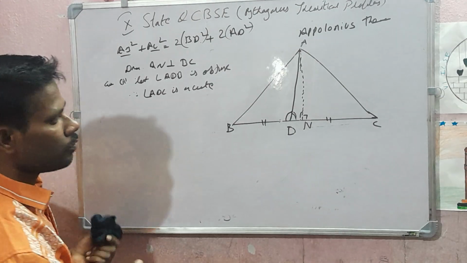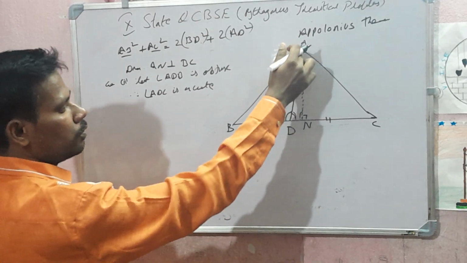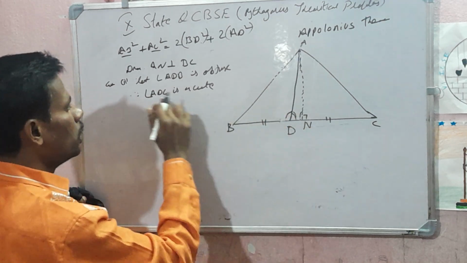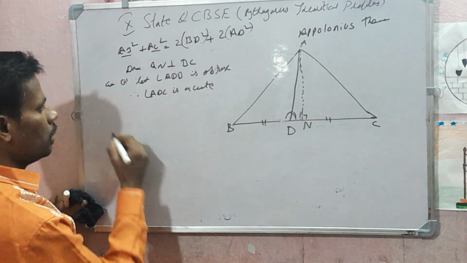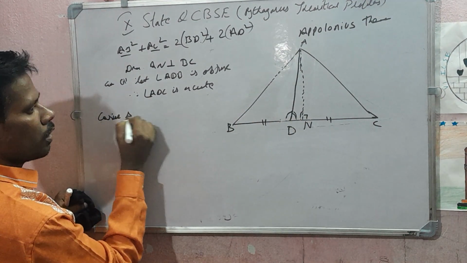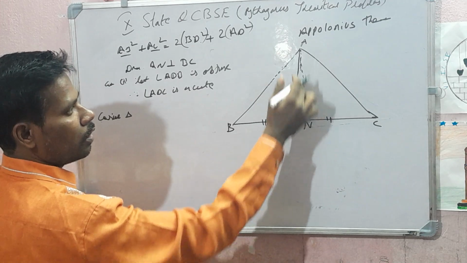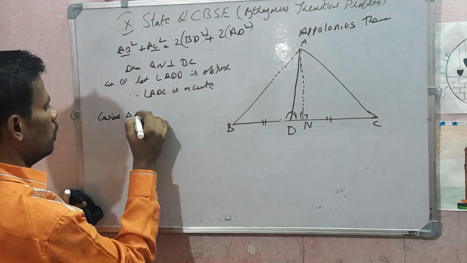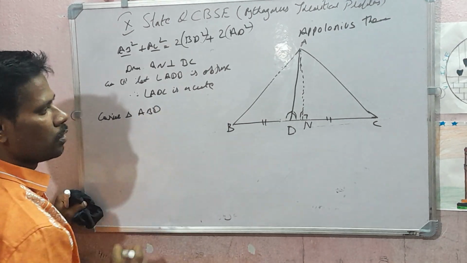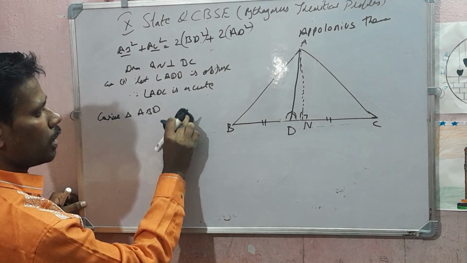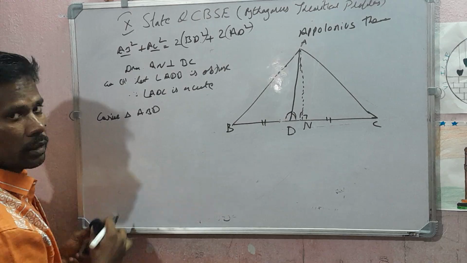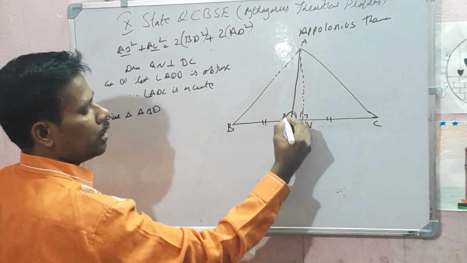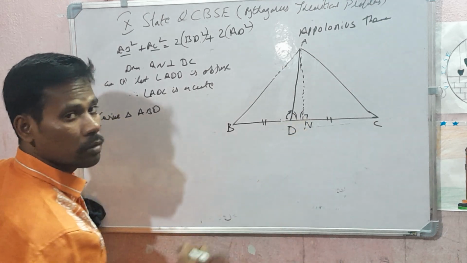Right? Are you following what I am saying? Let this be obtuse. So, a straight angle measures 180 degrees. The other part is acute, I am saying. Now, consider triangle ABD. So here this angle is obtuse.